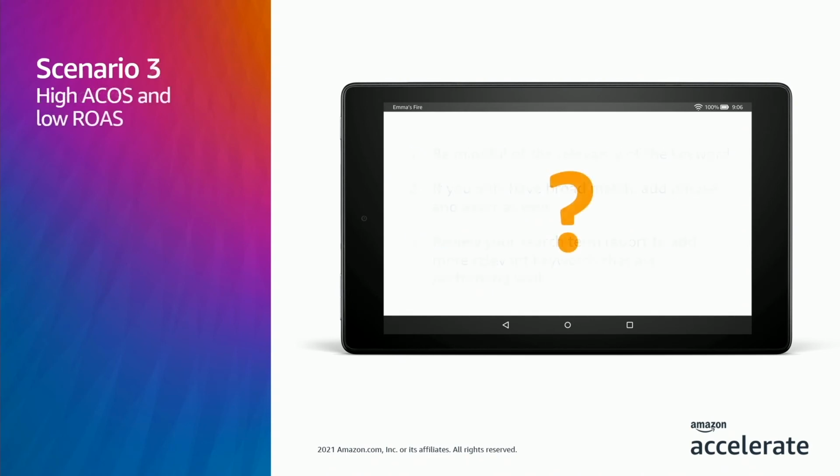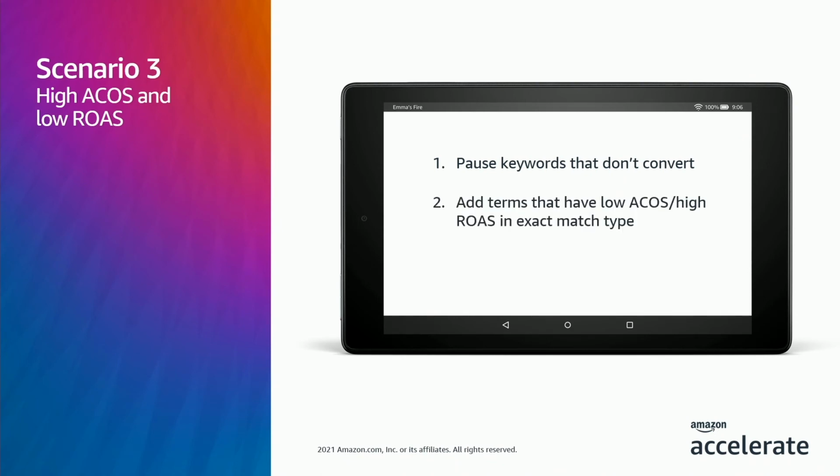If you have high ACoS or low ROAS, pause keywords that don't convert if they've been running for at least 2 weeks. Add shopping terms that have low ACoS or high ROAS in exact match type, and then add negative keywords. Remember that manual targeting has two options.